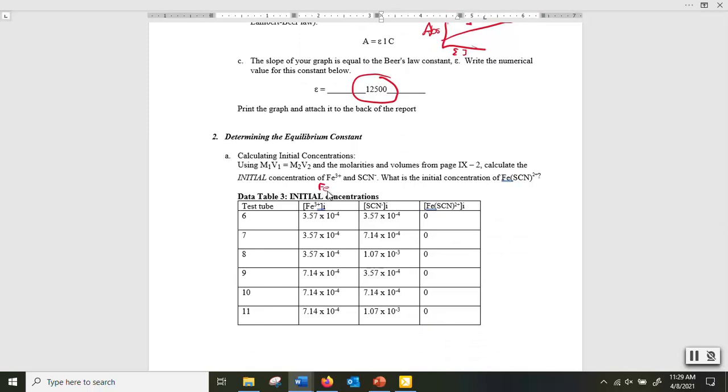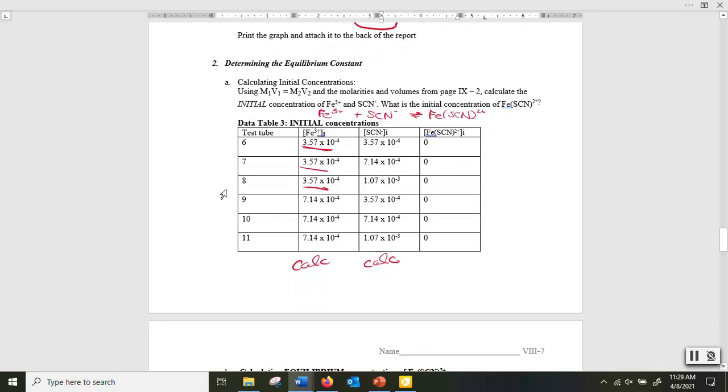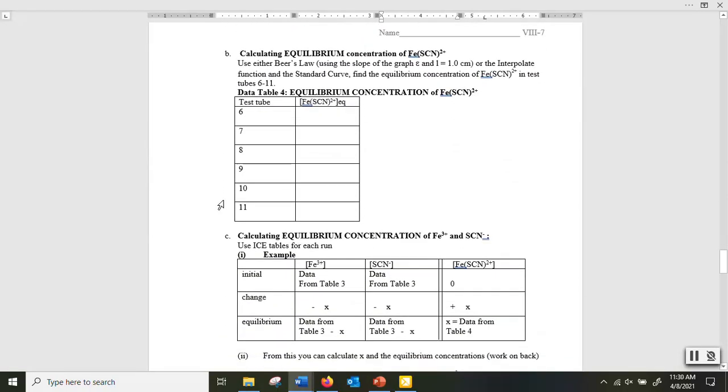So again, Fe3+ plus SCN minus is in equilibrium with your complex ion. Now, when you start out, you're going to know, see there's that 3.57 times 10 to the minus fourth, because you can calculate these concentrations. We're literally doing an ice table. So test tube number 6.